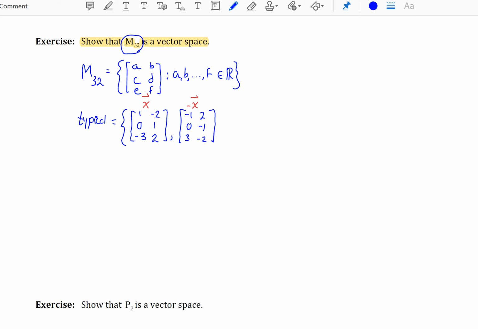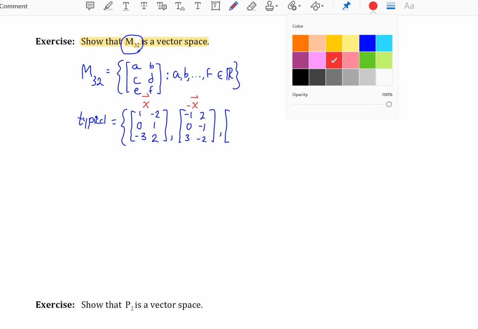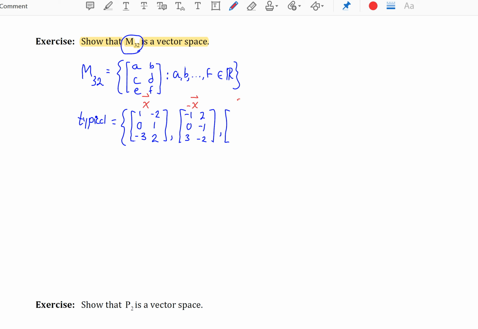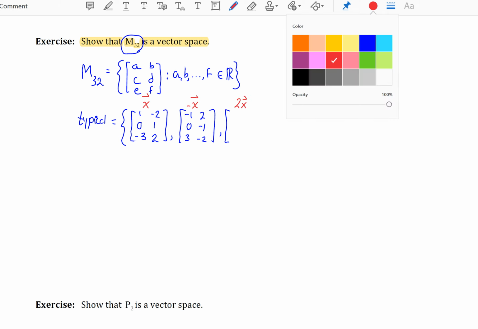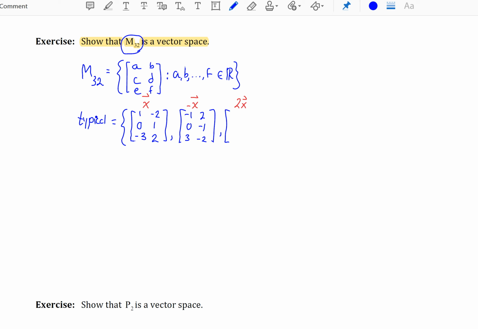Notice that this is still a 3 by 2 matrix. If any vector is in here, a scaled version of it has to be in here. So maybe we could look at the vector 2x. 2x would have to be the vector 2, -4, 0, 2, -6, 4.